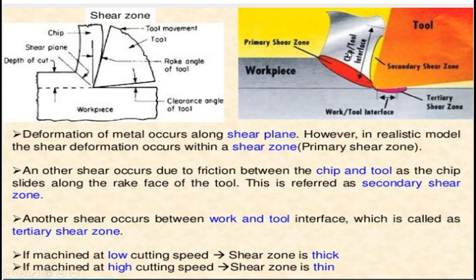However, in a realistic model at the microscopic level, shear deformation occurs within a shear zone, which includes three zones: the primary shear zone, the secondary shear zone, and the ternary shear zone. The primary shear zone is along the shear plane of the workpiece. The secondary is along the shear plane of the tool, and the ternary is at the cutting edge where it gets in contact with the workpiece.